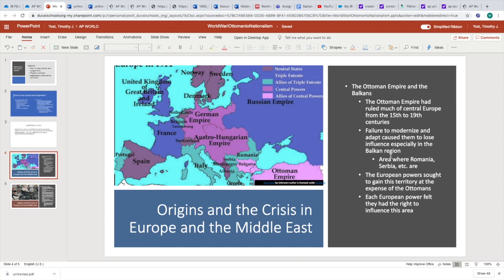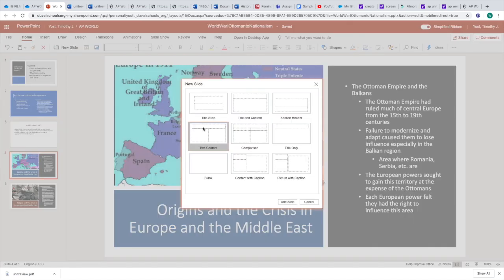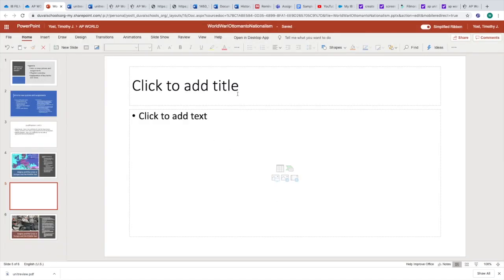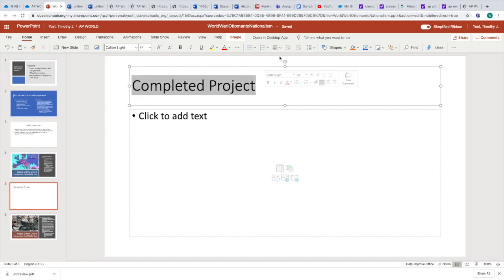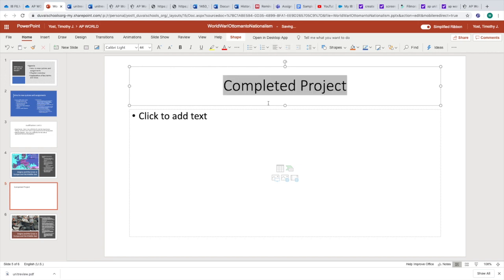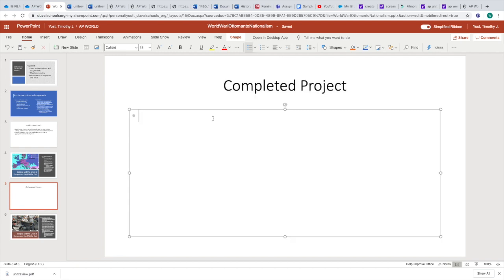If you do that, it would be 1 slide per term, 5 slides per unit. Here, let me write this down so that we can remember it. So essentially, your completed project, and I like to center things, so that's just me.